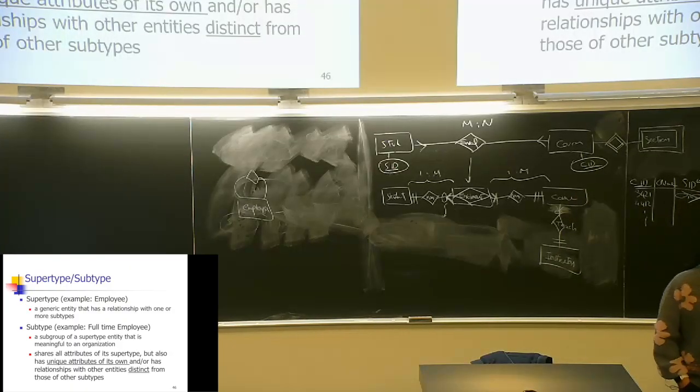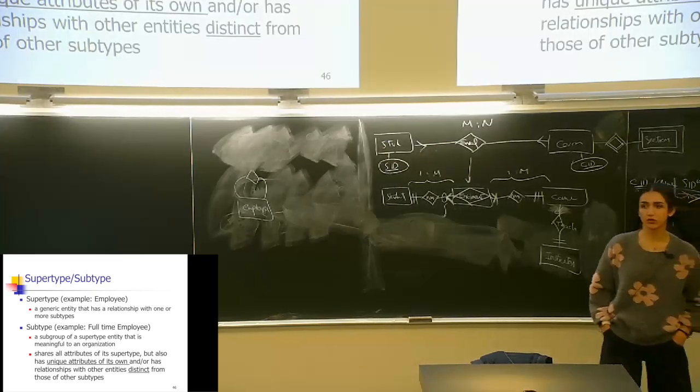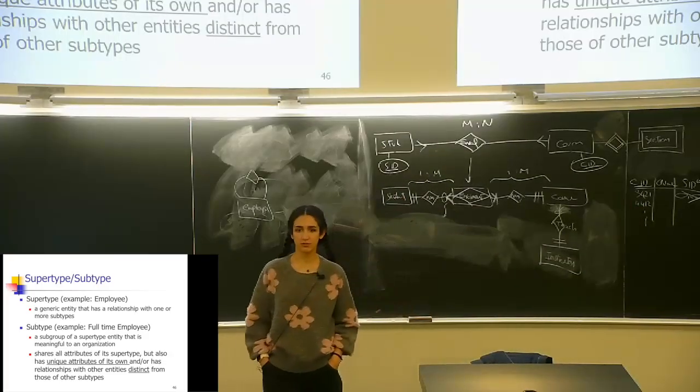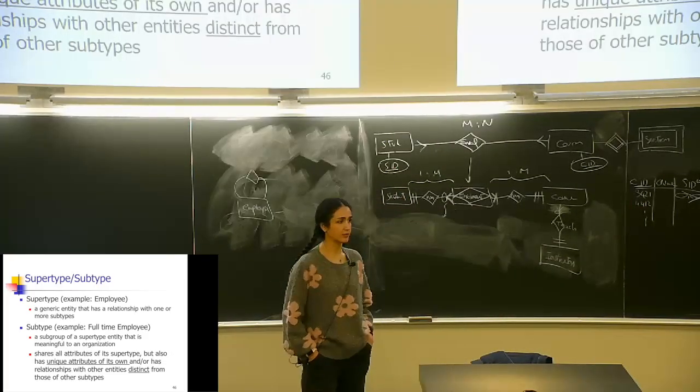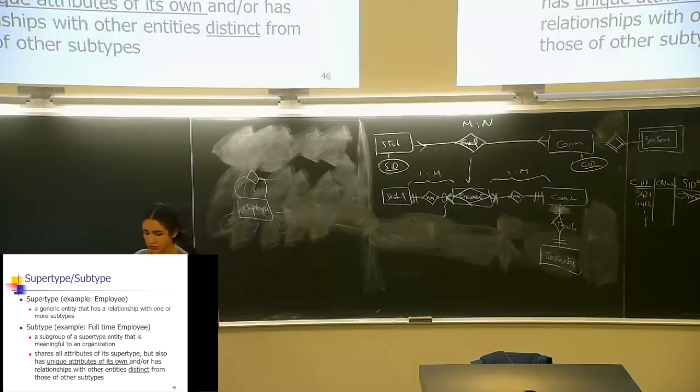For domestic students, you may store personal information like SIN number, whereas for international students, you may store other information. So they may have different attributes, and they share all attributes of their supertype, but also have unique attributes of their own and relationships with other entities distinct from those of other subtypes.